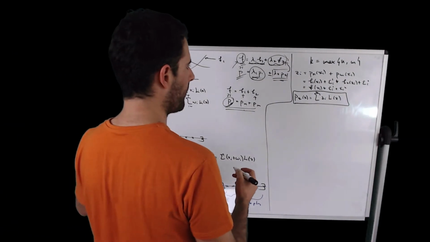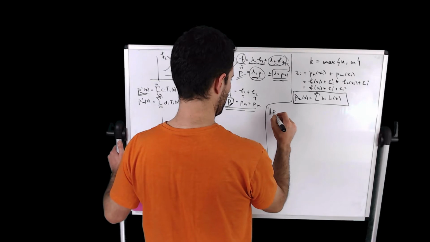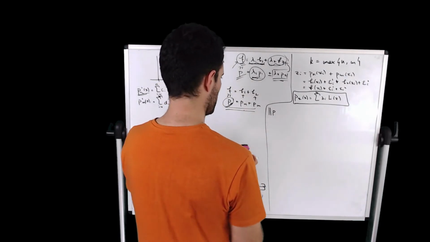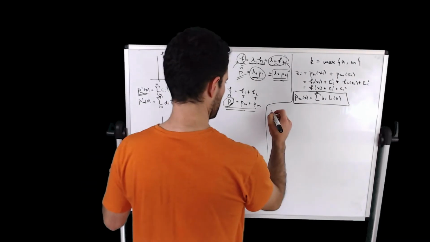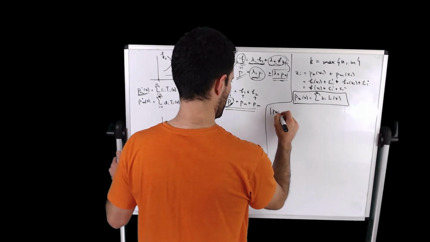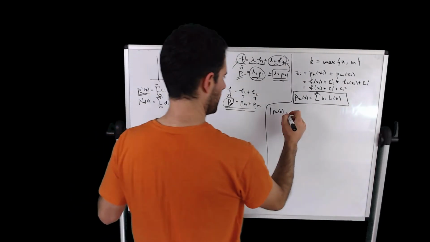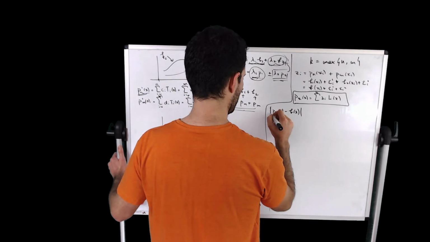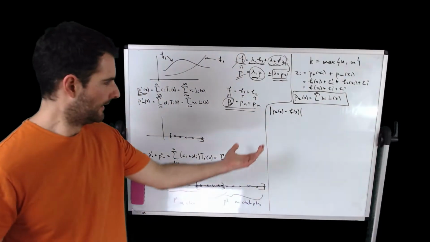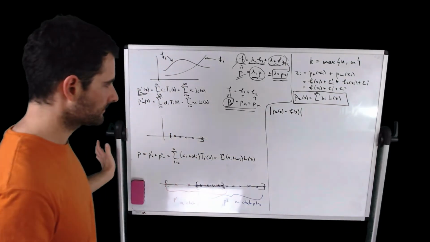What we're going to be interested in is seeing what happens with this expression: pk at x, where x is just a generic point in the domain, minus f of x. This is the expression that we're interested in seeing how it behaves as k tends to infinity.